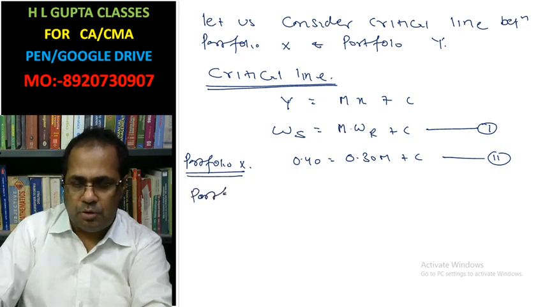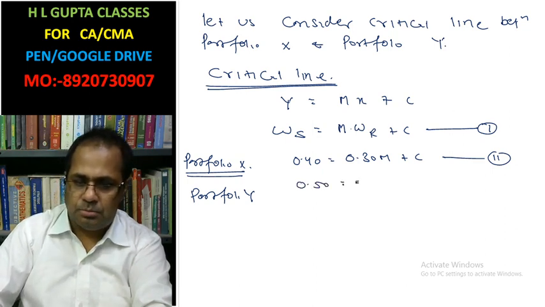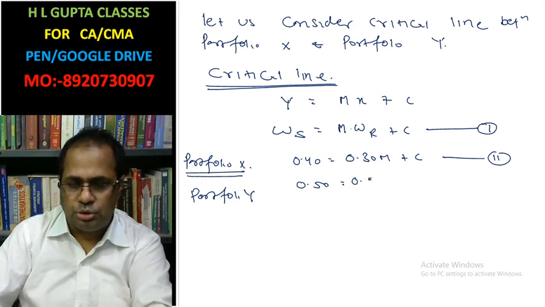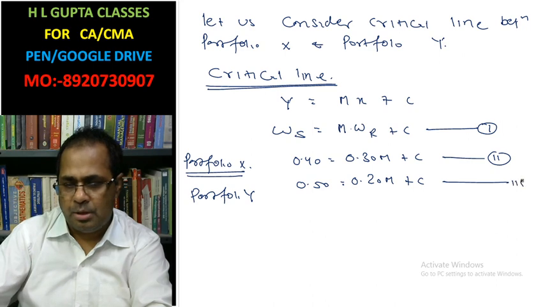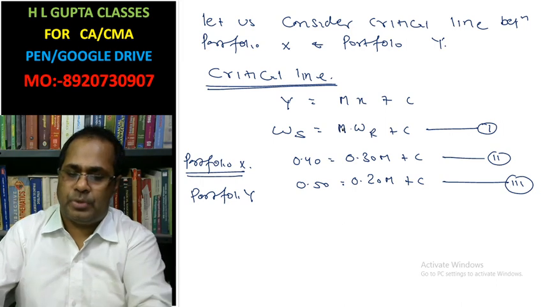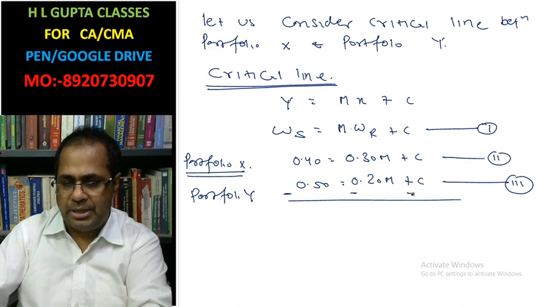Now portfolio Y, this is 0.50, this is 0.20 M plus C. Now you have to solve equation second and third.